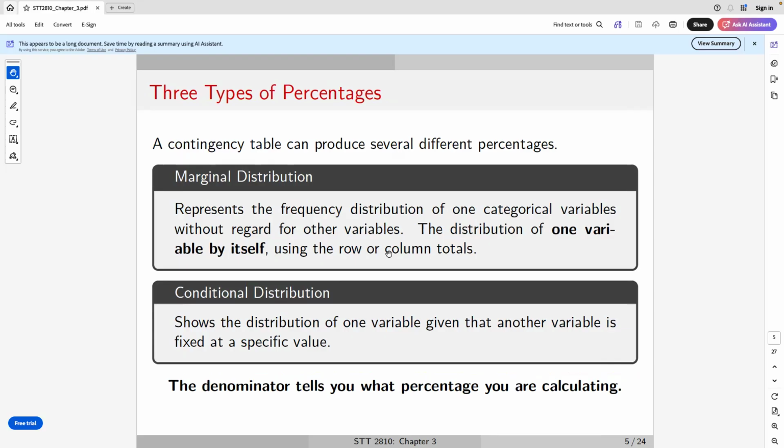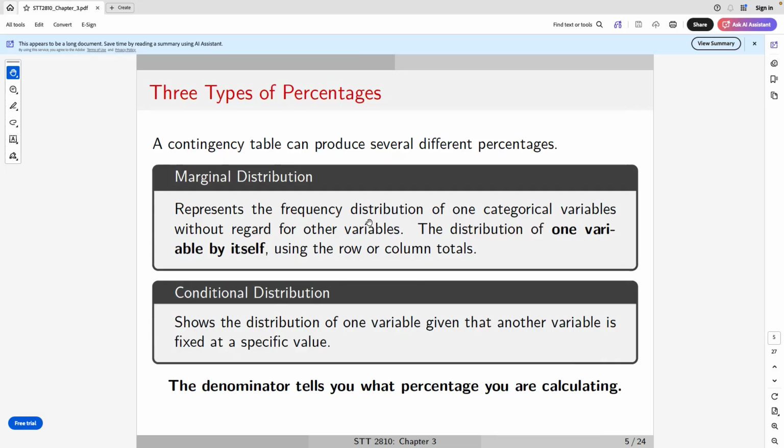Now, we are going to learn how to do some computations. We are going to learn how to compute the marginal distribution and also the conditional distribution. The marginal distribution represents the frequency distribution of one categorical variable without regard for other variables. For example, we can find the marginal distribution of smokers.